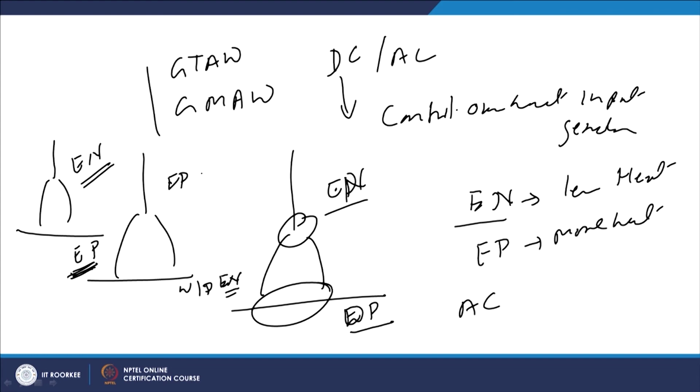Reverse polarity is when the electrode is positive and the workpiece is negative; straight polarity is when the electrode is negative and the workpiece is positive. In this case we will have about 33% of the heat generation on the electrode side and 66% on the workpiece side, and the reverse is true for electrode reverse polarity: 66% of the heat generation on the electrode side and about 33% on the workpiece side.